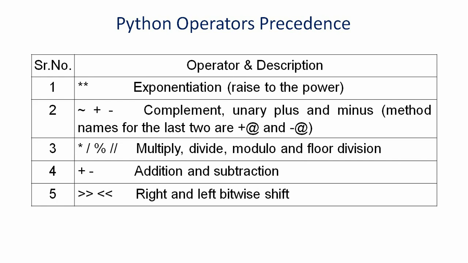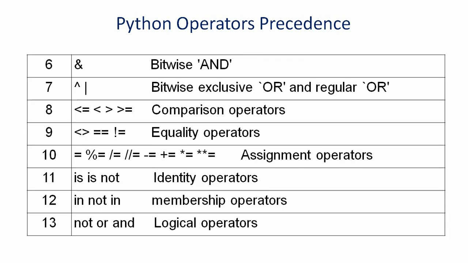After that, plus, minus, which are binary addition and binary subtraction, then right shift, left shift, bitwise and, bitwise exclusive or, regular or, comparison operators, equality operators, assignment operators, identity operators, membership operators, and logical operators.